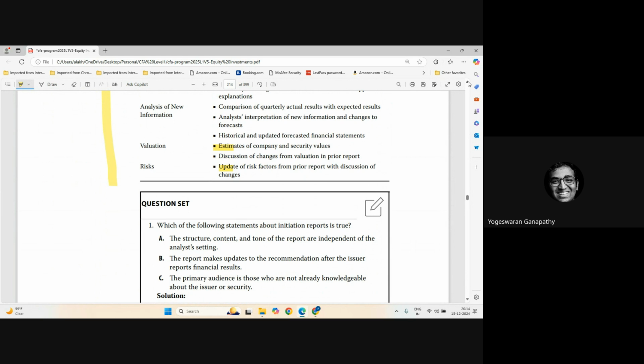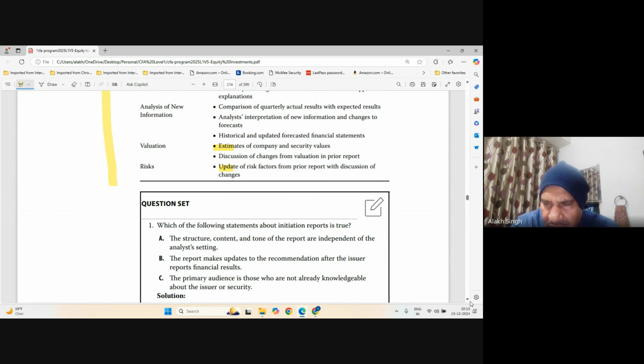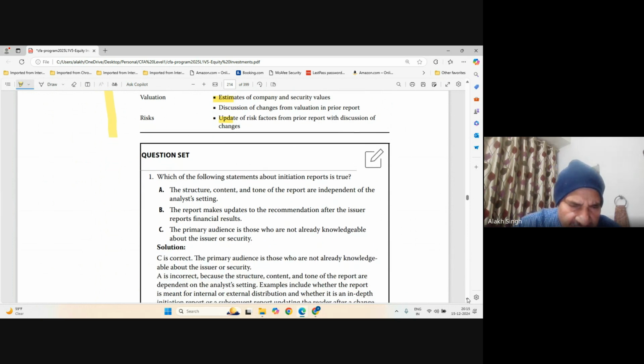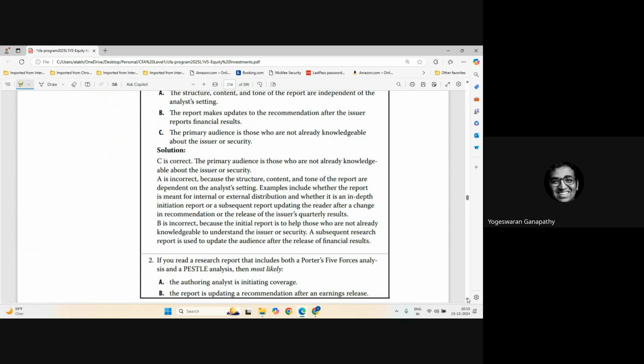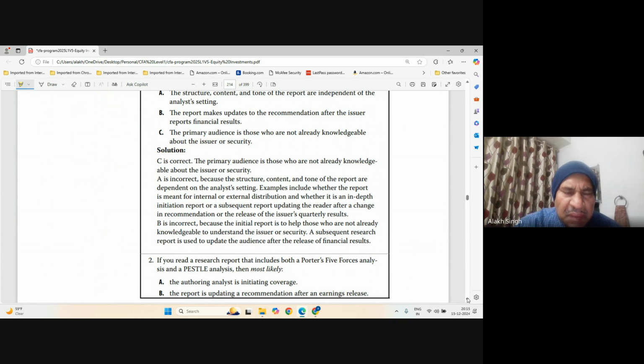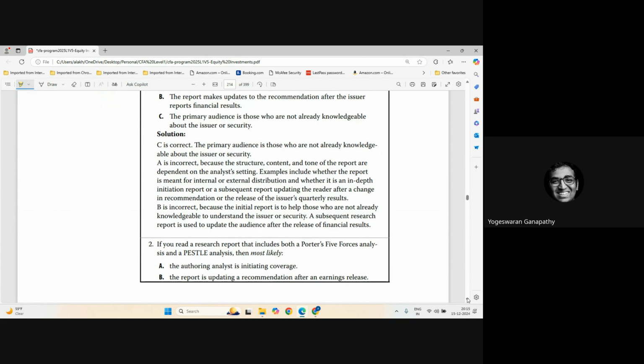C: The primary audience is those who are not already knowledgeable about the security. Maybe C, sir, because the primary audience is those who do not know it already. They don't know it, so you have to give them detailed information. Very good. So this Vaxart report you prepared was a primary report. Yes, that was my primary report.